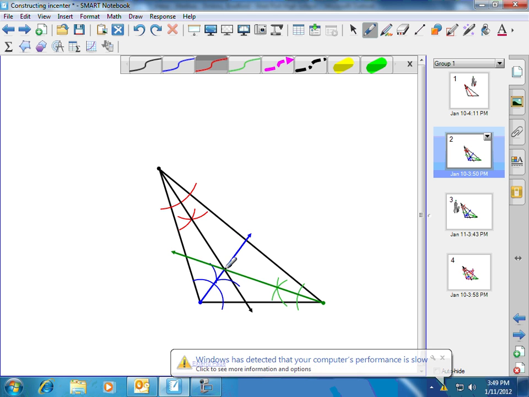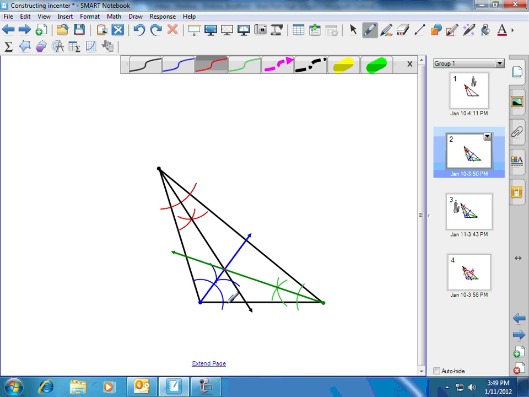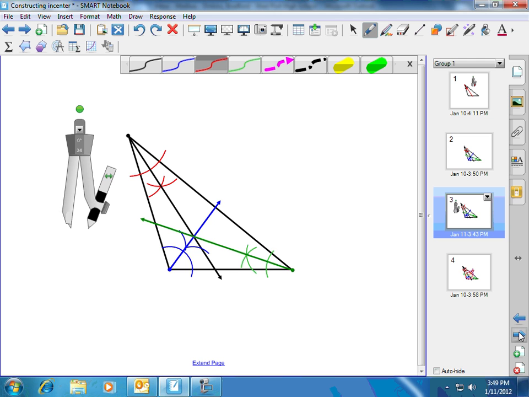I can construct that perpendicular, and where that perpendicular intersects the side, I can use that point and the incenter as a radius of a circle that will inscribe this triangle. All right, so you have your three angle bisectors. You've got your incenter. Now I need to find that point of intersection where a perpendicular runs through the side of a triangle to the incenter.